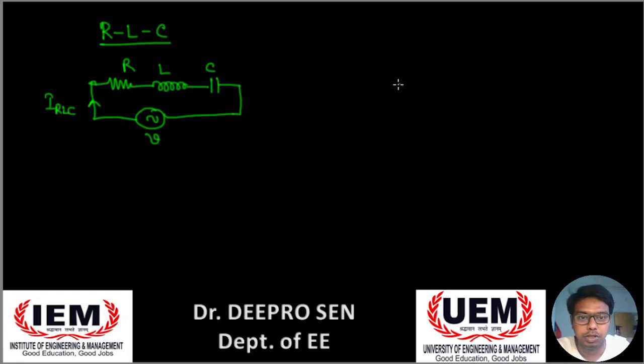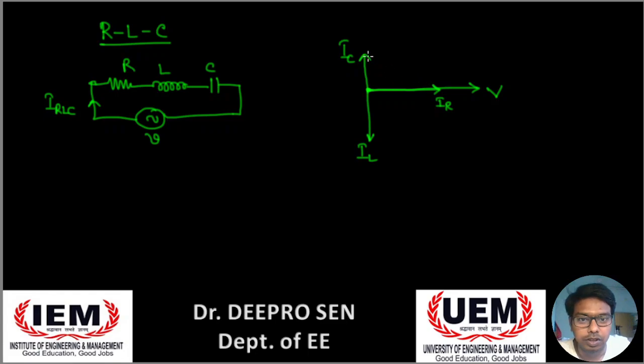Now how this current will behave, we'll show it quickly. Now that you have already grasped the concept, I don't think I have to explain much after this. This is the current due to the pure R, this is the current due to the pure L, and this is the current due to the pure C.